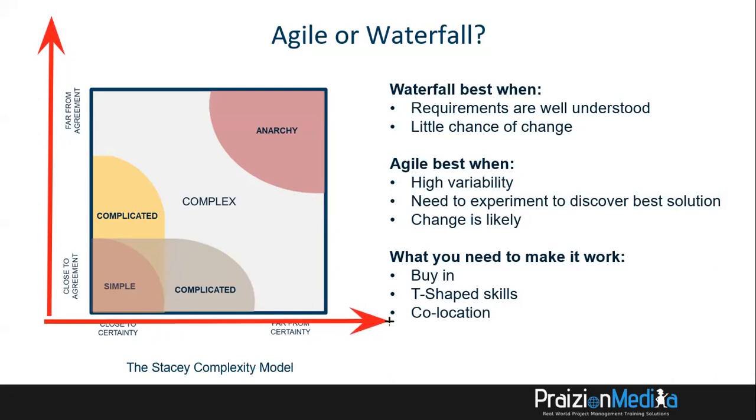So whether you're talking about close to agreement about requirements or close to certainty on requirements, or close to certainty on technical, right? Or far from certainty on technical, the concept is the same. This is always the same. Two parameters, technicality and requirements.